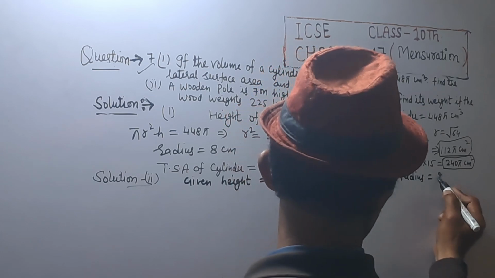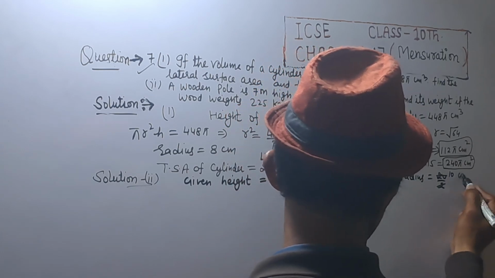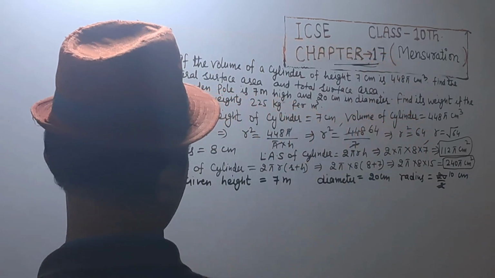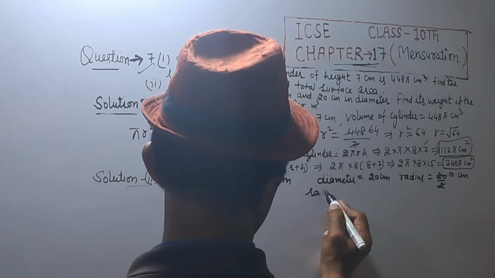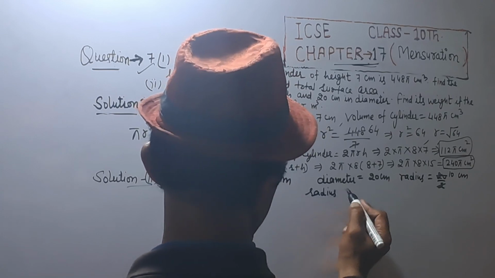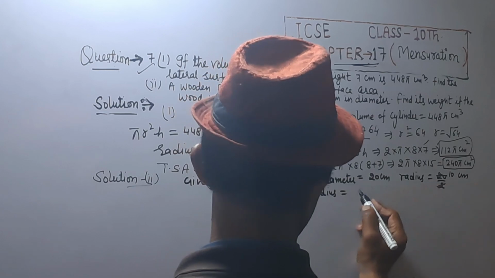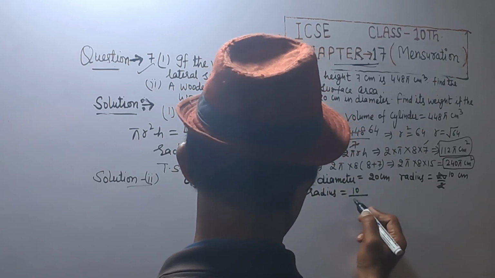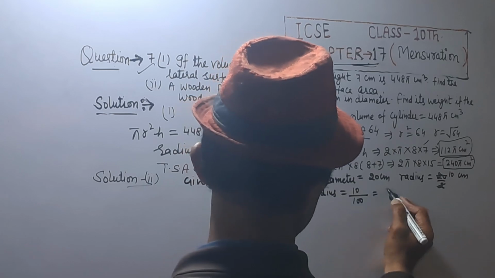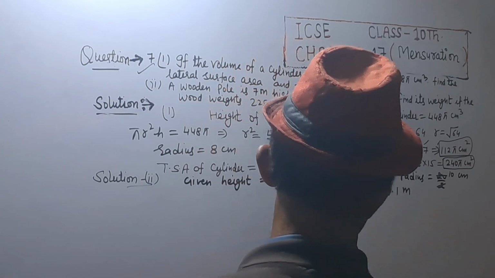Radius is equal to 20 upon 2, 10 centimeter. Radius is equal to 10 upon 100, that is equal to 0.1 meter.